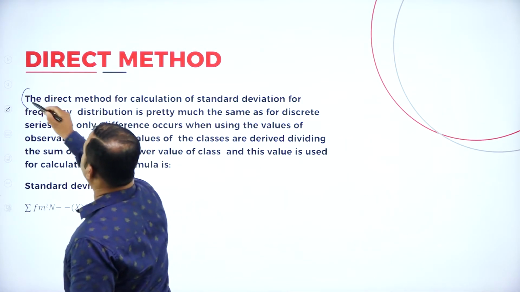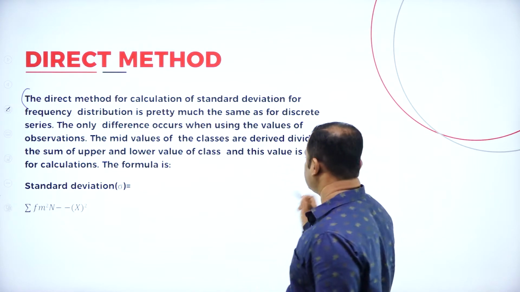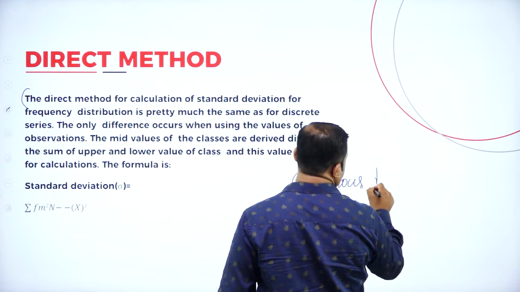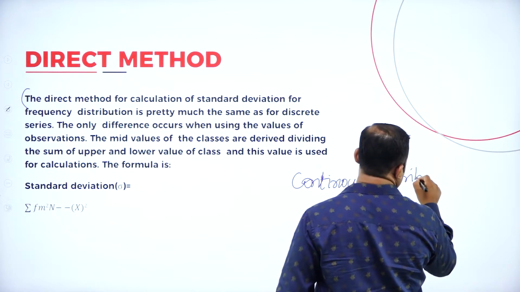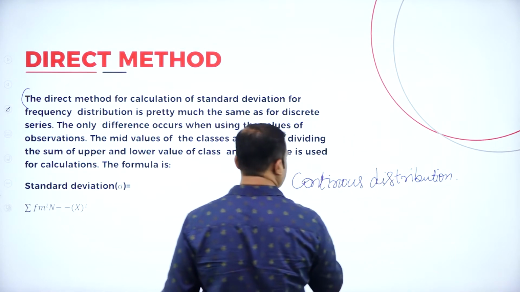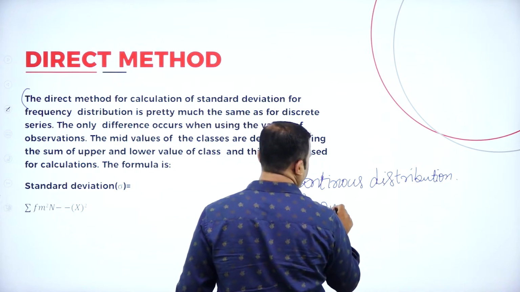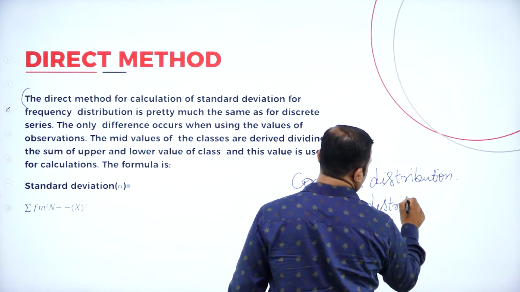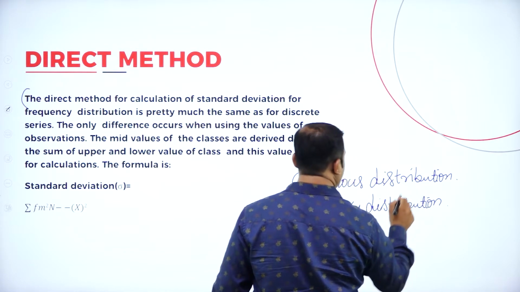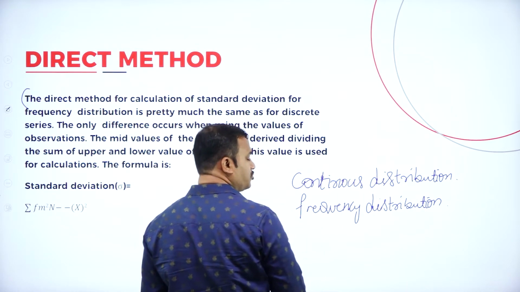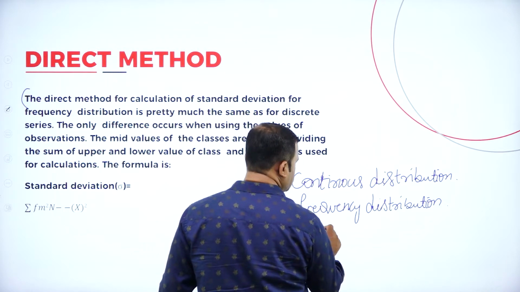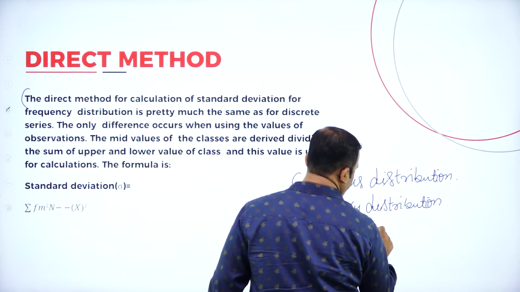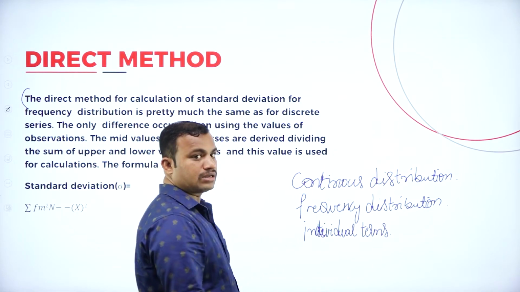In the case of the direct method, we have frequency distributions. One of them is the continuous distribution, the other one is the frequency distribution, and we have individual terms considered here.